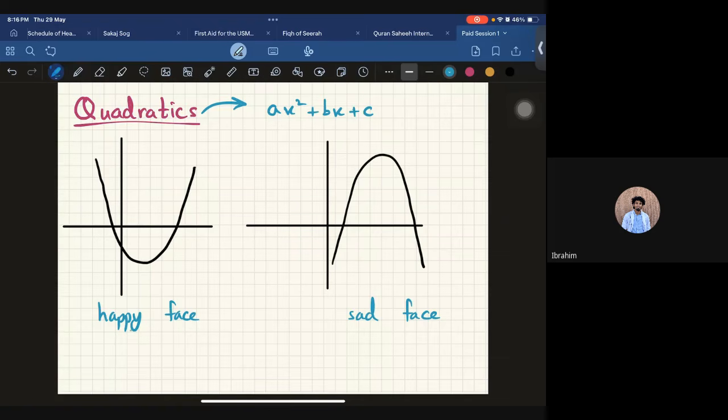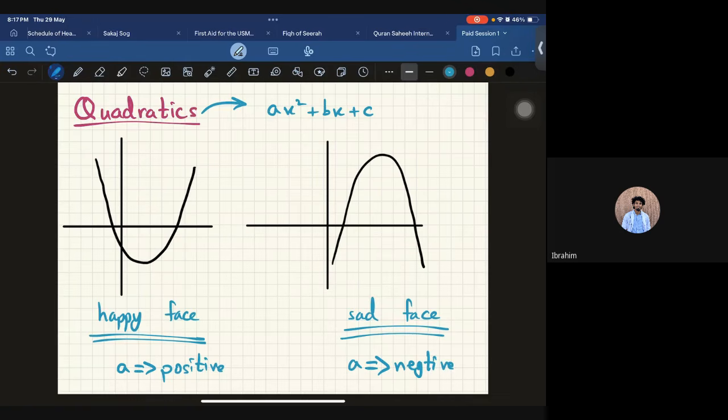For the happy face graph that we've shown on the left, इसके अंदर जो यहाँ पर a है ना, this a will be a positive number. So you can say that the coefficient of x square is positive for a happy face quadratic curve. Whereas for a sad face, the coefficient of x square, which is a, will be a negative number.